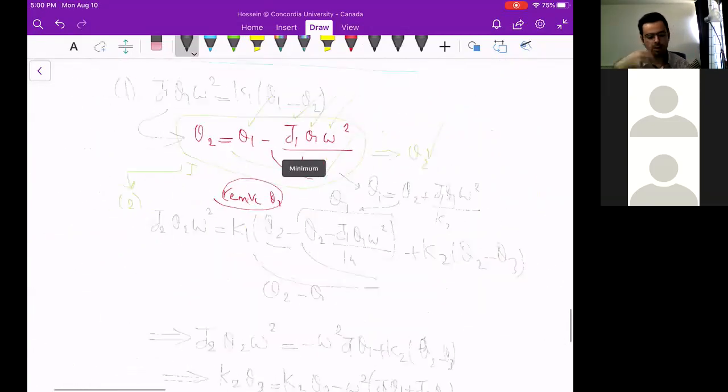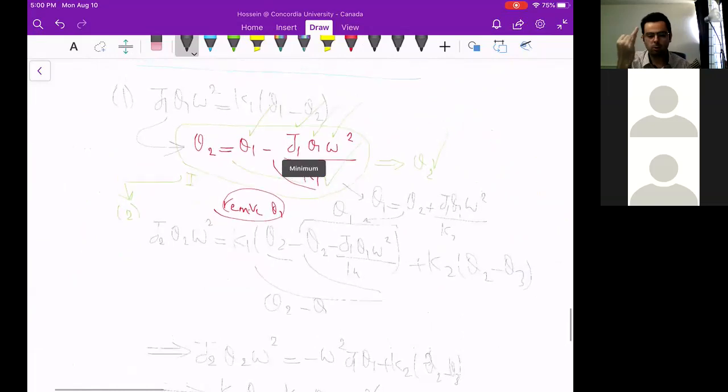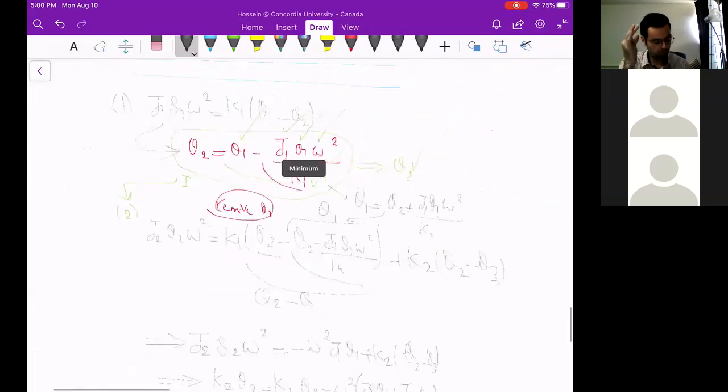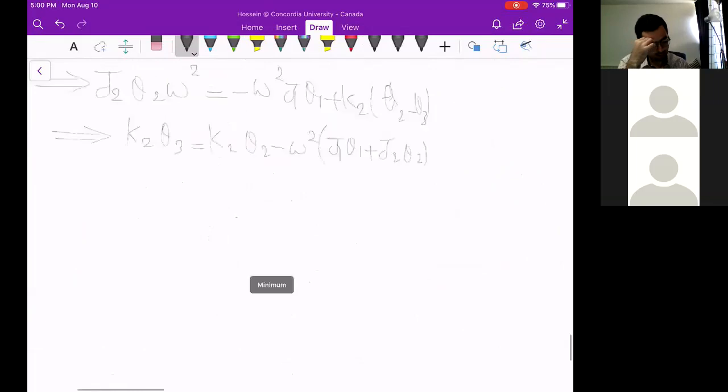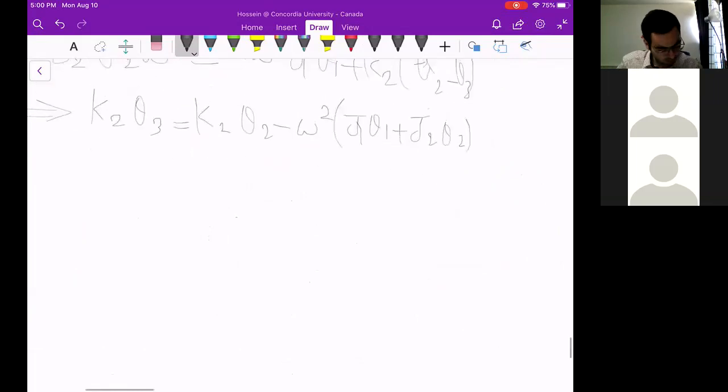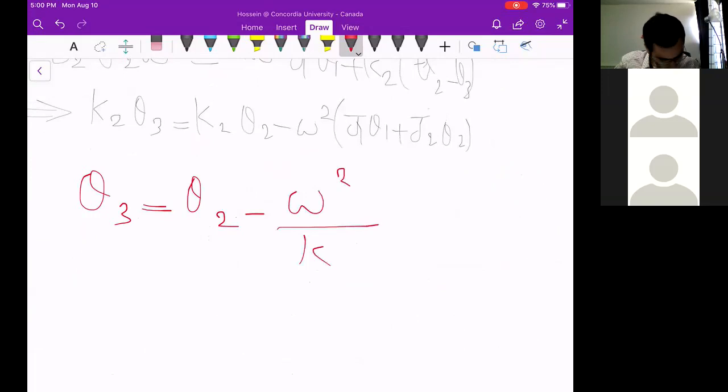Then we need a relation so that, having theta 1 and theta 2, you can obtain theta 3. So here we are trying to isolate theta 3, basically. Therefore, theta 3 is theta 2 minus omega squared over K2 times J1 theta 1 plus J2 theta 2.